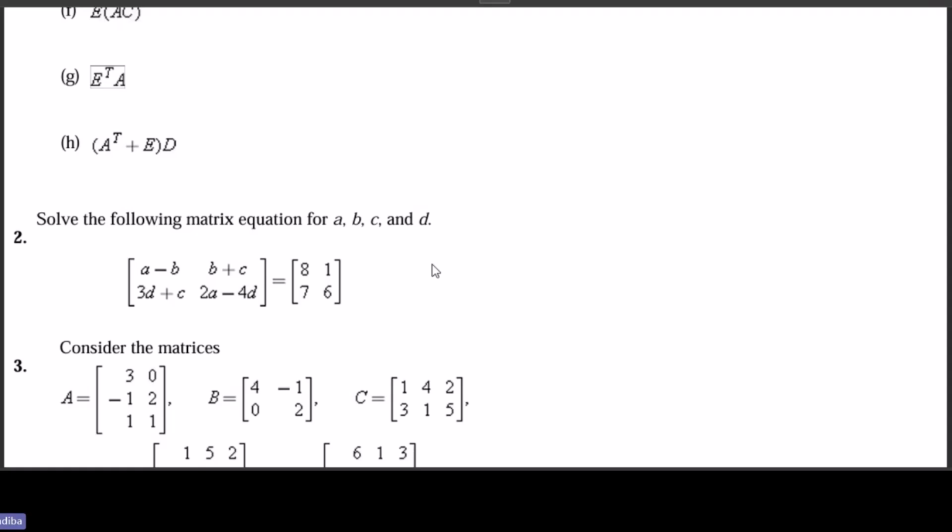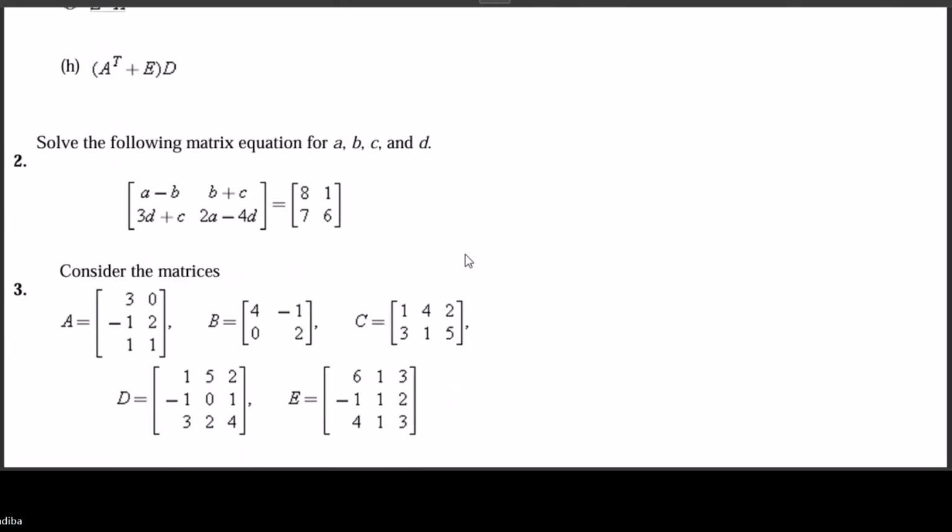Please, don't get bored, yeah? Let's look at number 3. Number 3, consider the matrices. Matrix A, matrix B, matrix C, matrix D, and matrix E. A: 3, 0, minus 1 and 2.